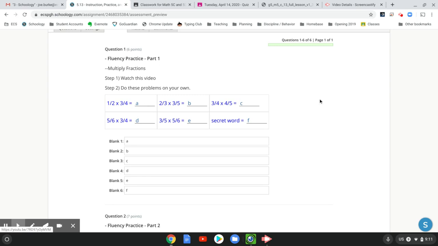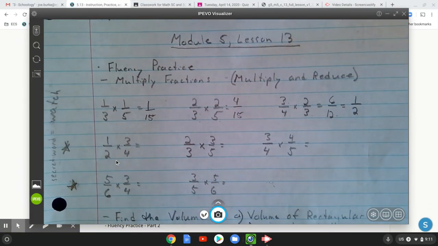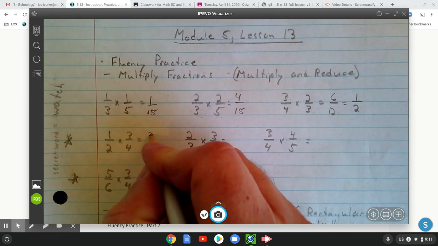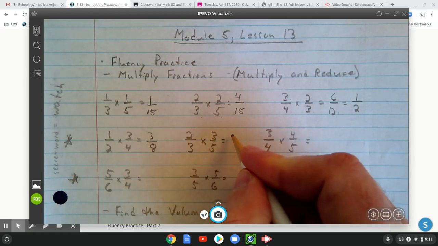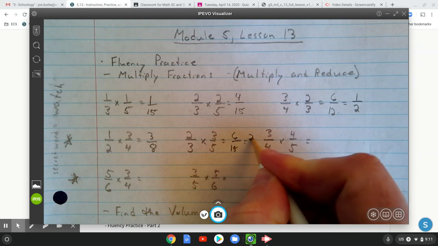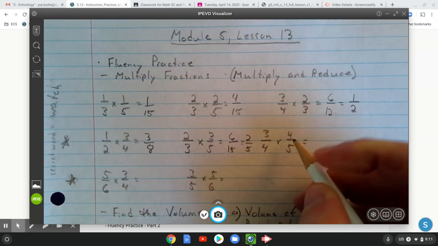Okay, so answers to those are, let's do it on paper. 1/2 times 3/4 is 3/8, and 2/3 times 3/5 is 6/15, which can be reduced to 3/5.